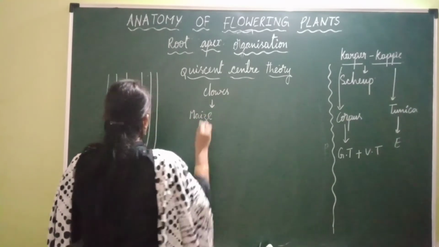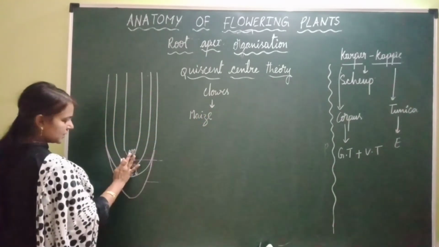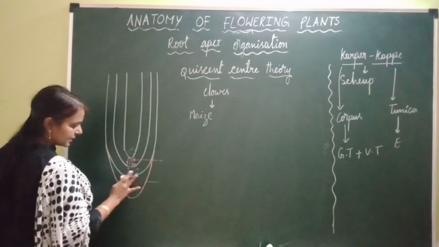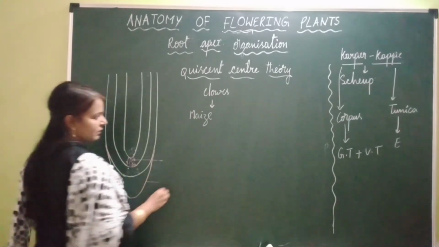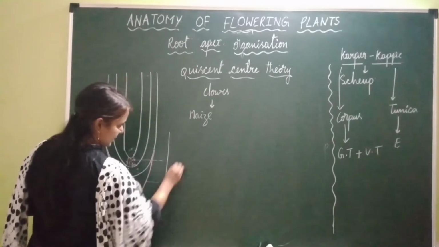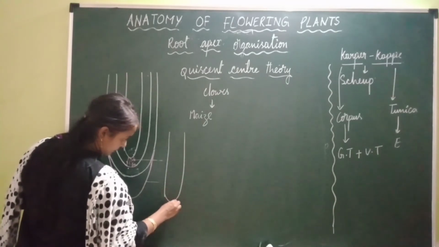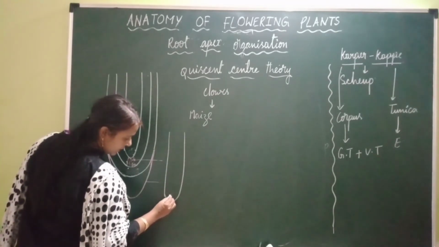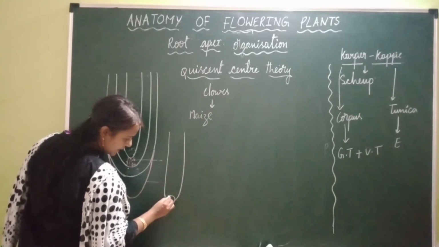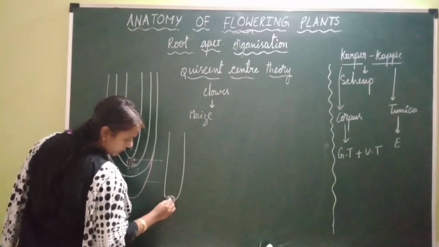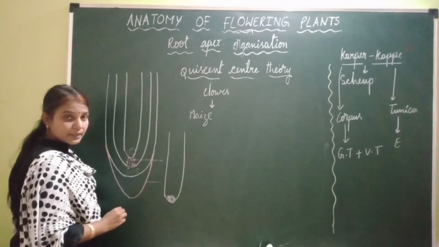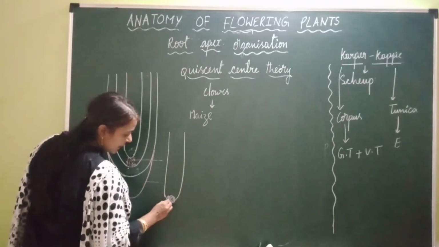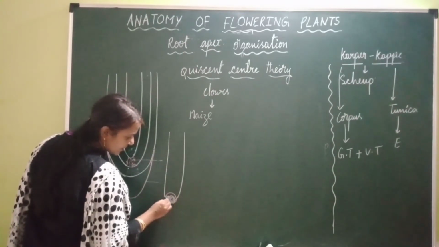According to this theory, let's say this is the root apex. I am drawing one more diagram. At the root apex, there is an inverted cup-shaped meristematic tissue at the center, which is surrounded by an active meristem.